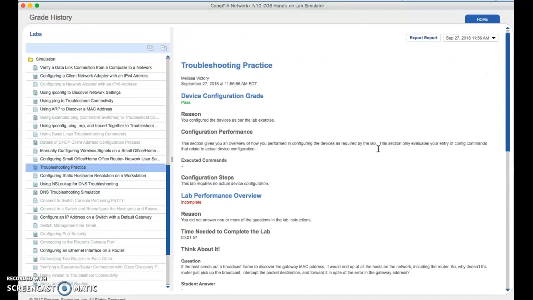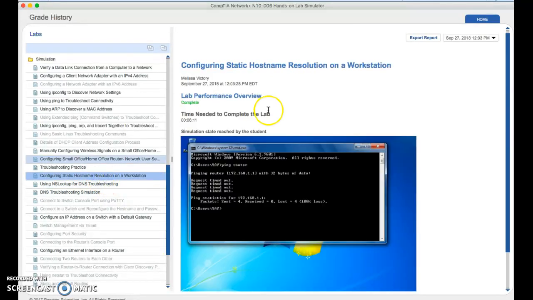Hearing it from him made a lot more sense to me than actually just doing the lab. Some of their language I felt was a little complex for the learning area that I am familiar with. So it was helpful to have somebody sort of explain it to me in plain English.